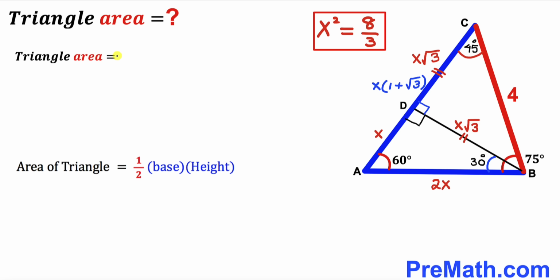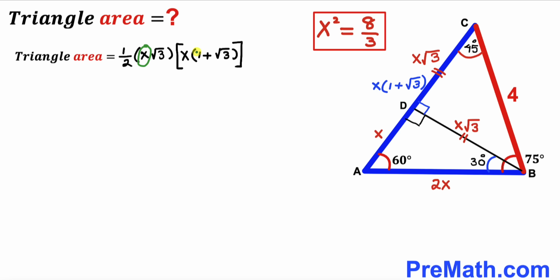So our triangle ABC area is going to be a half times x times the square root of 3, and then times x times 1 plus square root of 3. Now we can see x times x is going to give us x squared. So we can write this as x squared times square root of 3 divided by 2 times 1 plus square root of 3.